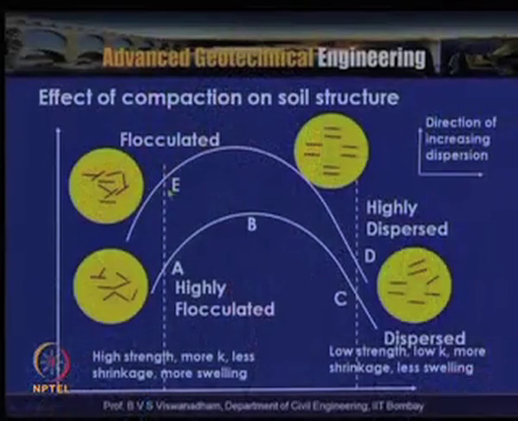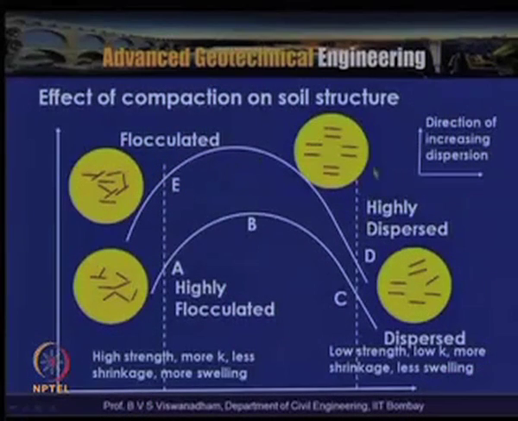In case we are constructing a barrier to prevent ingress of any permeant, then it is advisable to compact on the wet side of optimum, so that low permeability can be achieved. The scenario in the case of modified compaction is also similar. The direction of increasing dispersion is somewhere in this direction.